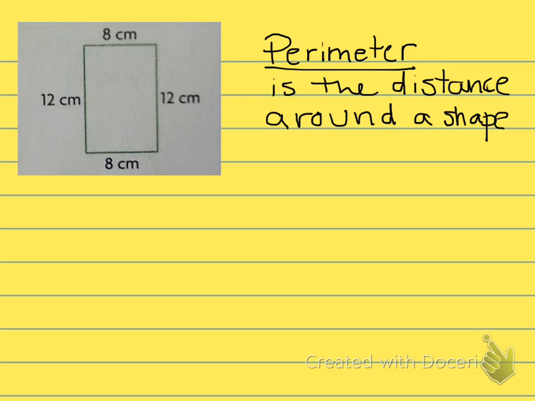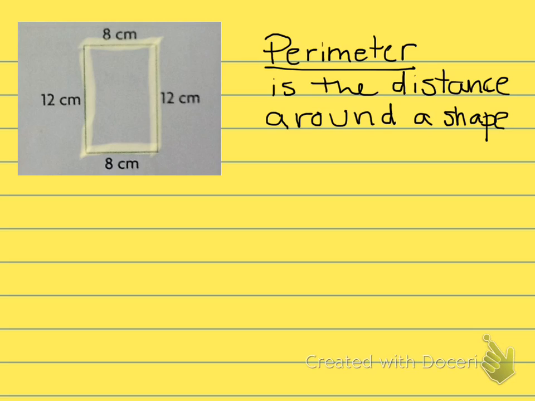Okay, so if I take a look at this rectangle, and that's what we're really focusing in on this time, the perimeter would be the measurement of the edges of this shape. There we have it.